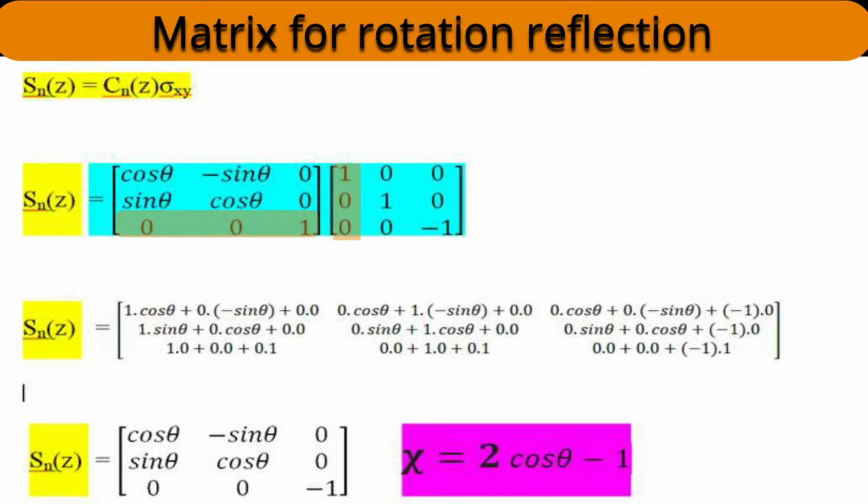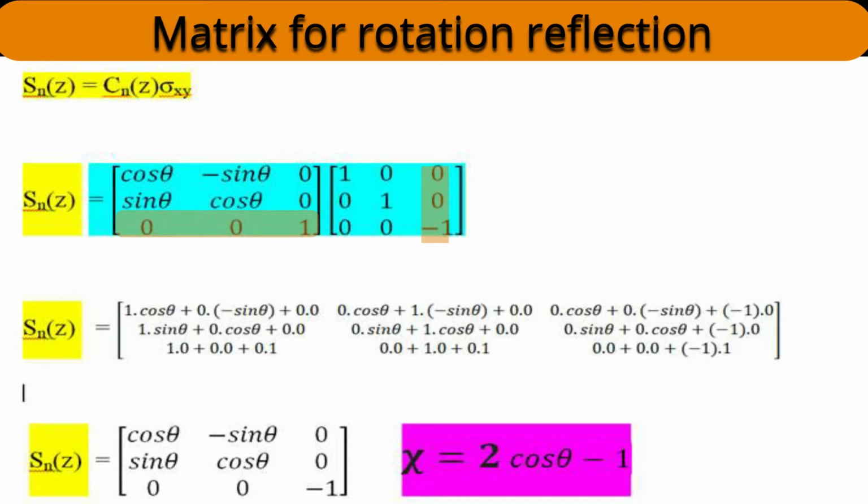Last row of the first matrix and first column of the second matrix: 1 into 0 plus 0 into 0 plus 0 into 1. Last row of the first matrix and second column of the second matrix: 0 into 0 plus 1 into 0 plus 0 into 1. Now the last portion, last row and last column: 0 into 0 plus 0 into 0 plus minus 1 into 1.